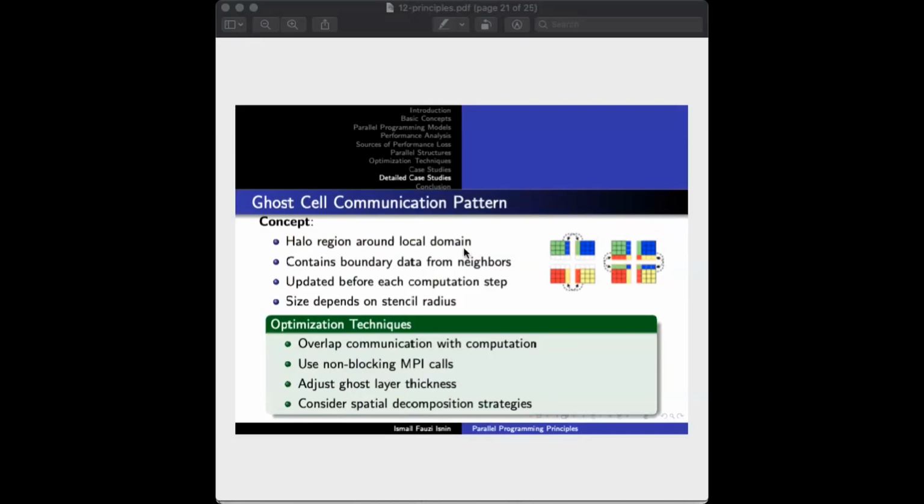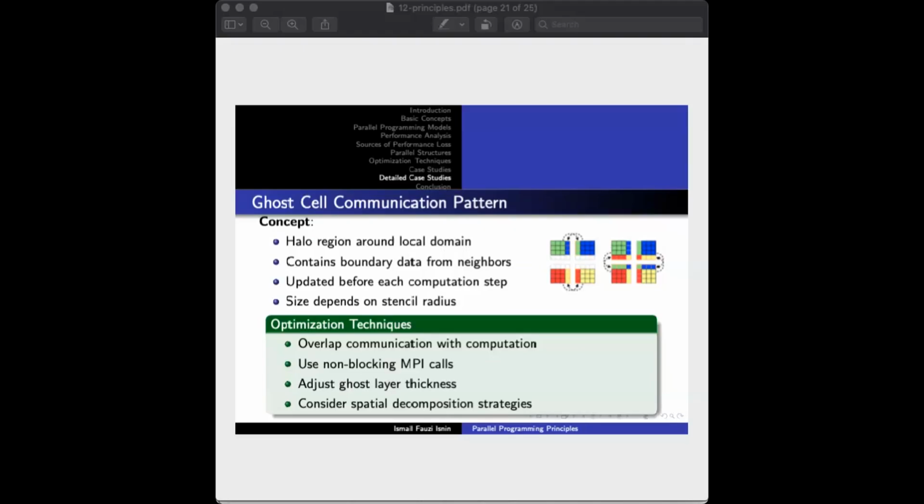This halo region contains duplicated boundary data belonging to adjacent neighboring processors. To ensure correctness, this ghost cell layer must be synchronized and updated before each consecutive computation step begins.